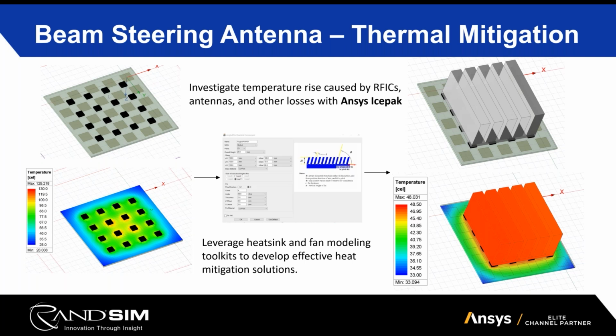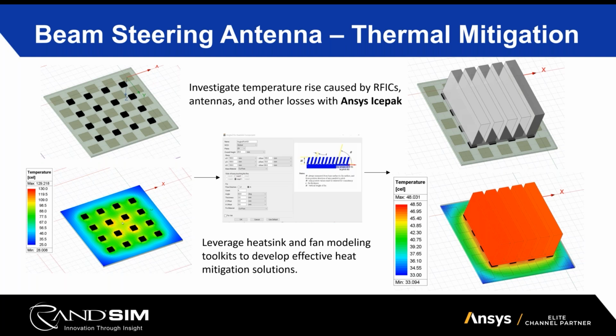Starting with our array model here, the array elements are all around the pattern, and I've just drawn in 16 beam steering ICs, with an arbitrary 50 milliwatts of heat dissipation applied to them. This antenna array is relatively small, so when we solve this inside of IcePack, we can see that the temperature is in excess of 100 C, which means that the board is absorbing a lot of this heat.